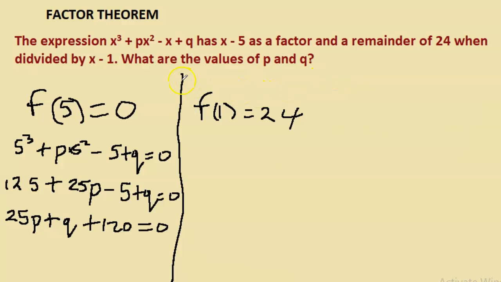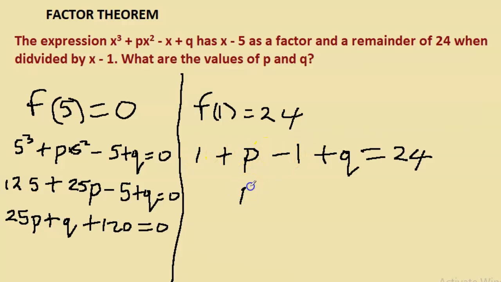And we also know that f of 1 gives 24, because when you're dividing by x minus 1, the remainder is 24. So f of 1 would be 1 cubed, which is 1, plus p times 1 squared, which is just p, minus 1, plus q. And that is equal to 24. Which means that 1 take away 1, that's 0.